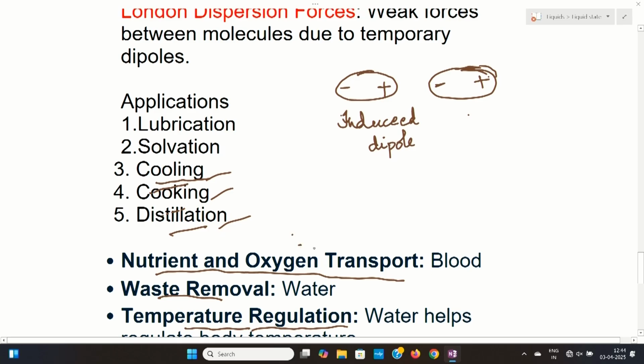And we saw the important functions, the vital role of liquids in our body. So, when we look into all these things, what we can understand is that liquids are one of the essential states of matter with unique properties, and because of these unique properties, types and intermolecular forces, liquids have a crucial role in chemistry and related fields, especially in material science.